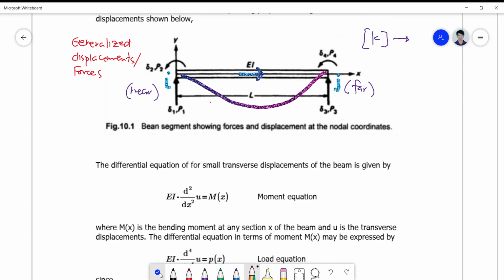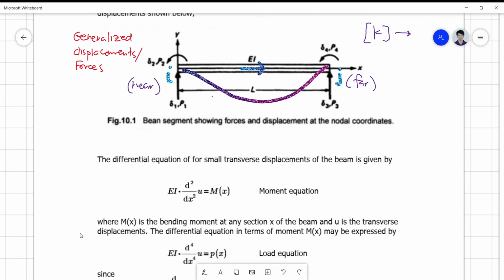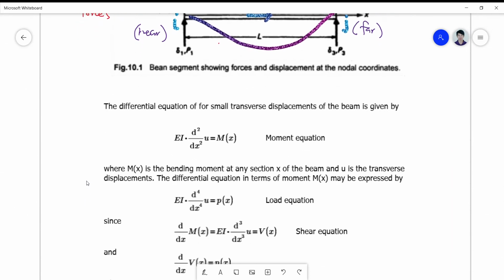So for the other relationships that are related to this bending moment equation, we can take into consideration the second derivative of your moment to come up with a load equation.